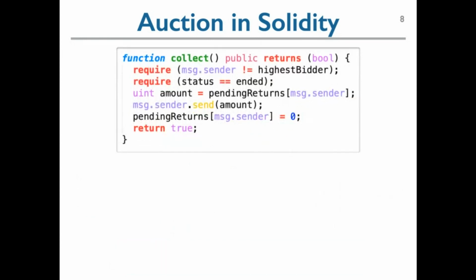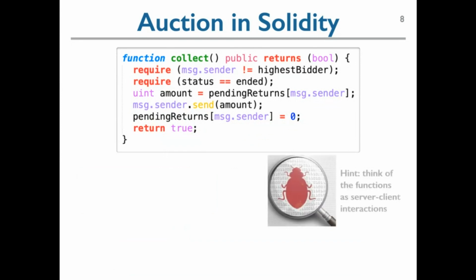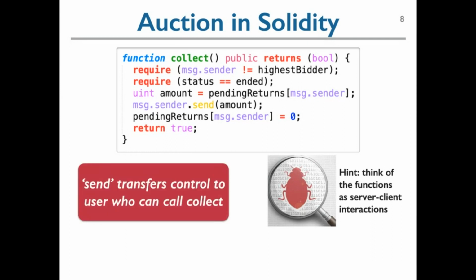Okay, so now let's say I updated pending returns of message.sender to 0. There is actually still a bug in this code. And this one is a little bit more specific, so I'm just going to give the answer here. The send function that you see here, which transfers the amount to the bidder, not only transfers the amount, it also transfers execution control to the bidder.